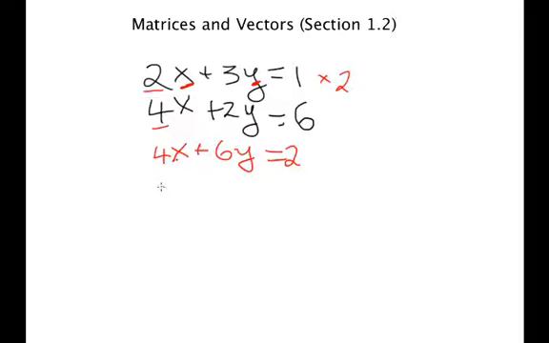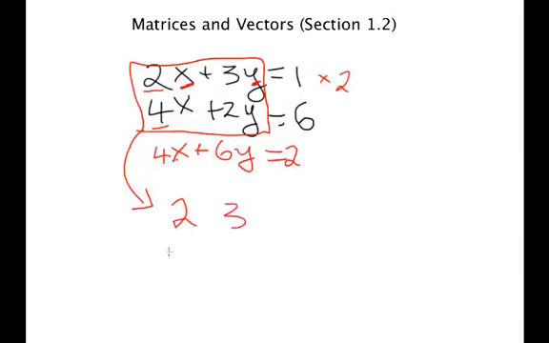And instead of the left-hand side of this equation, which has got all these x's and y's in it, is to simplify it and just look at the coefficients and write down 2, 3, 4, 2. And you put parentheses around this, and I'm sure you all know this is an example of a 2 by 2 matrix.